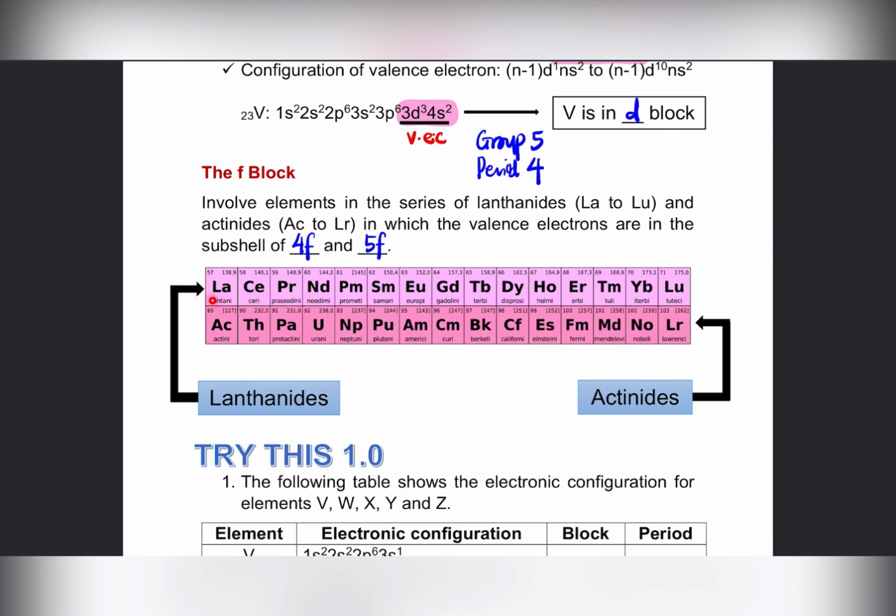So, dia mula daripada La dan the bottom row adalah daripada actinide. So, ini adalah daripada simbol Ac. So, sekiranya awak buat dia punya electronic configuration, awak akan nampak VEC dia dalam F block. Tapi kebiasaannya dia tak akan tanya lebih daripada D block untuk awak punya syllabus.